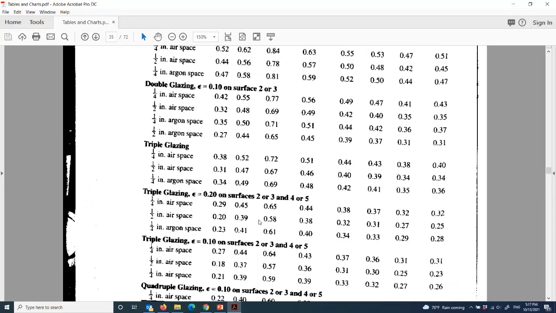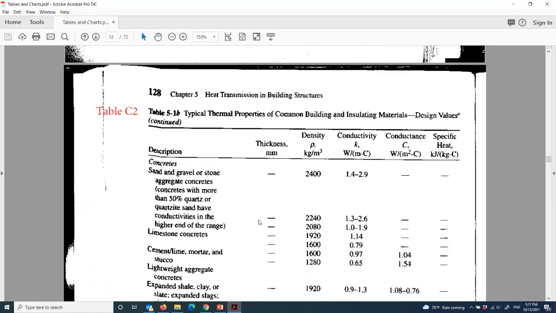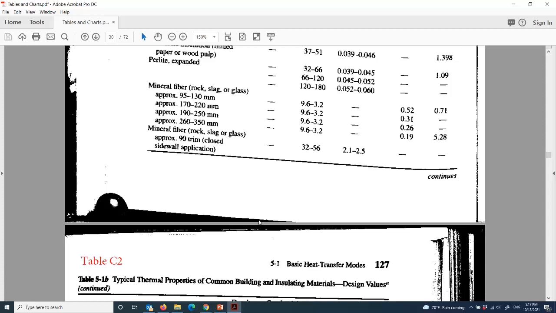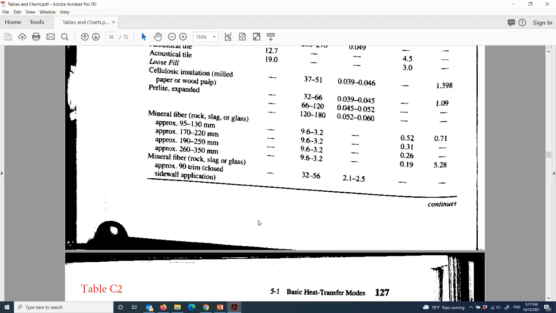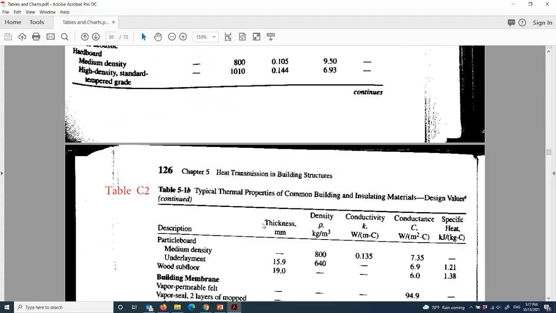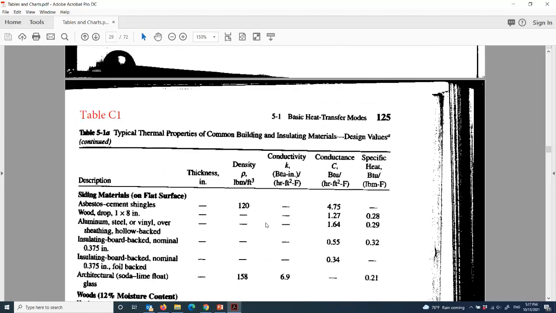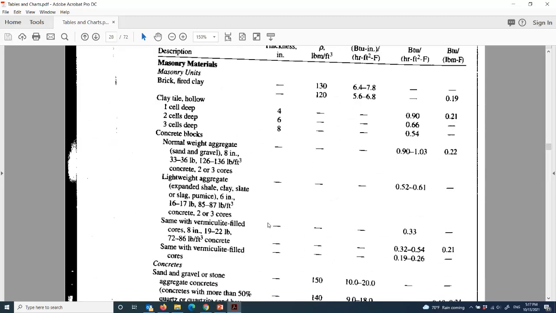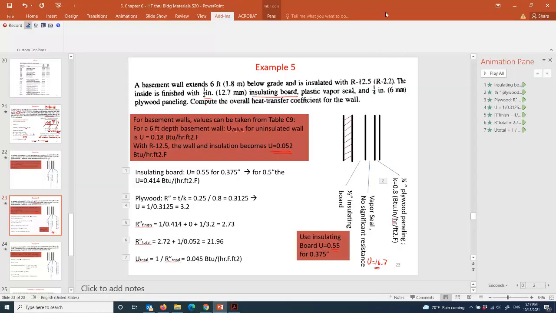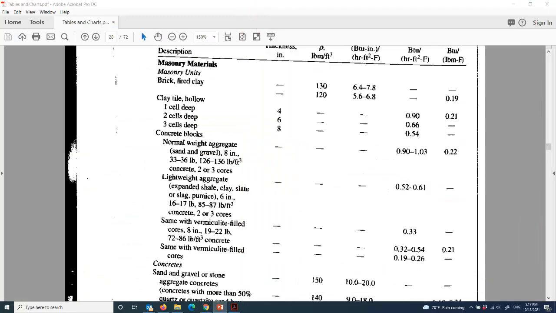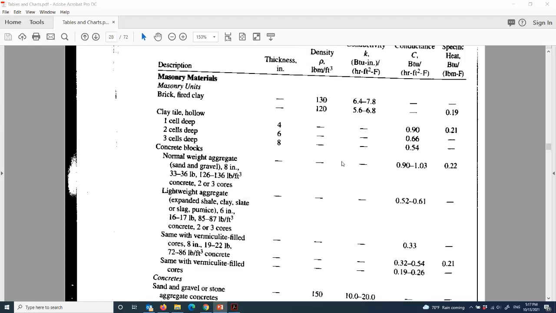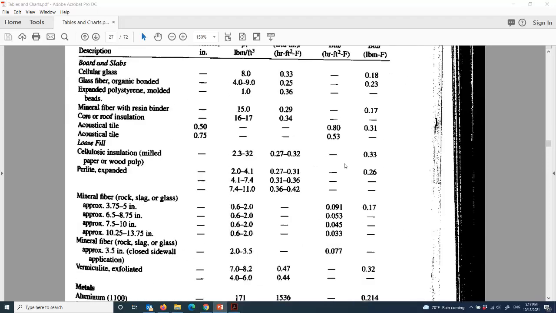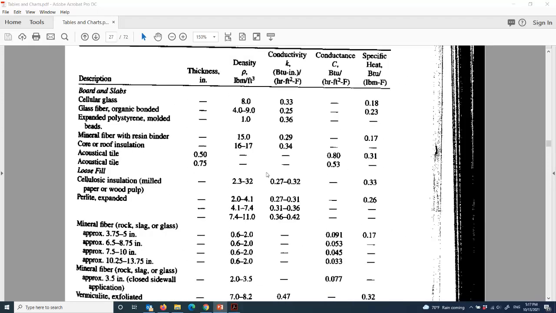So let's go to table C1, the first table. C2 is the SI. We have insulating board, half-inch.